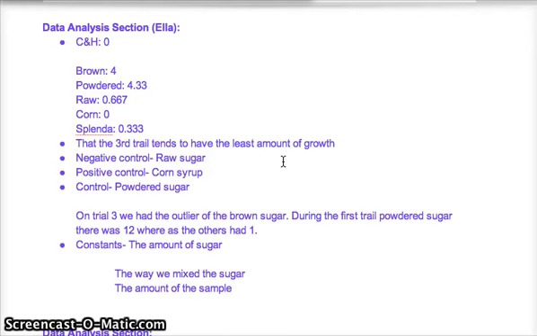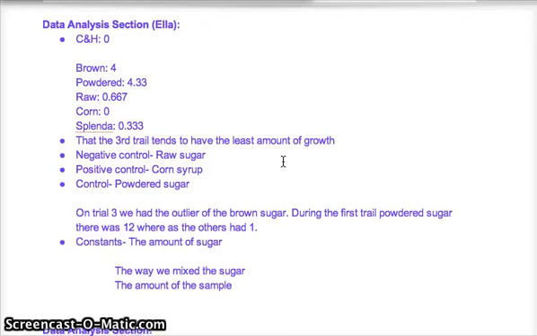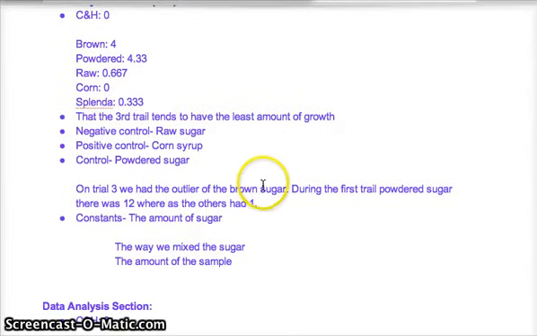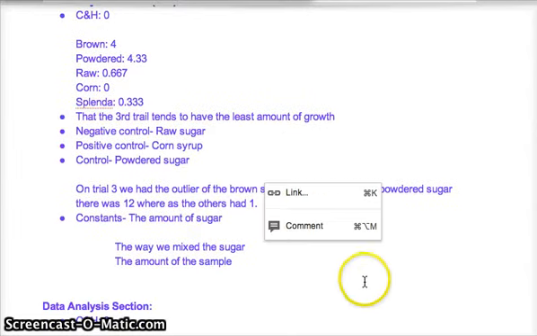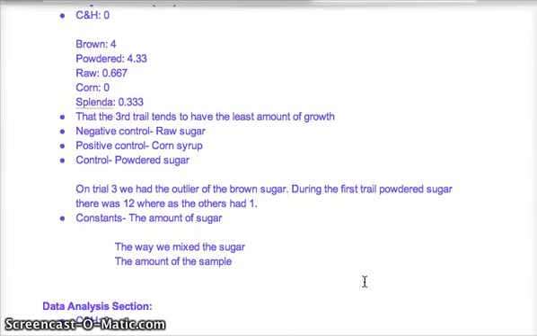So our negative control was raw, our positive was corn, and our control was powdered sugar. On trial 3, we had the outlier of brown sugar. During the first trial, powdered sugar, there were 12 colonies, as the others had 1 colony. So that was also an outlier that we had.